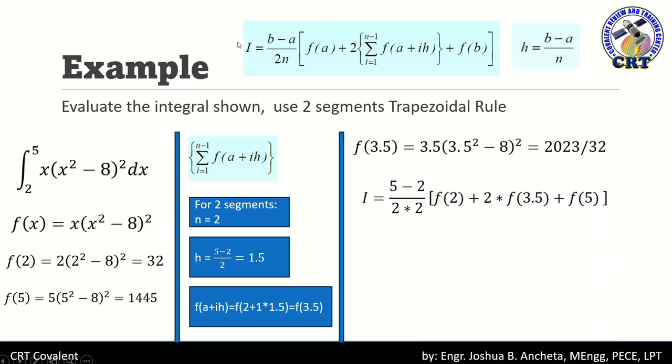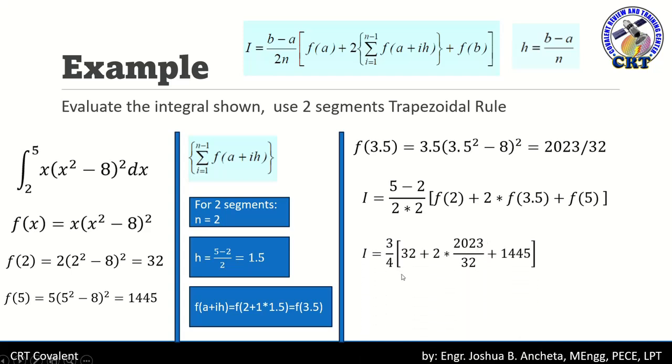And using the formula given above, we have the substitution, (5 minus 2) over 2 times the number of segments, which is 2, times the quantity f(2), plus 2 times f(3.5), plus f(5).